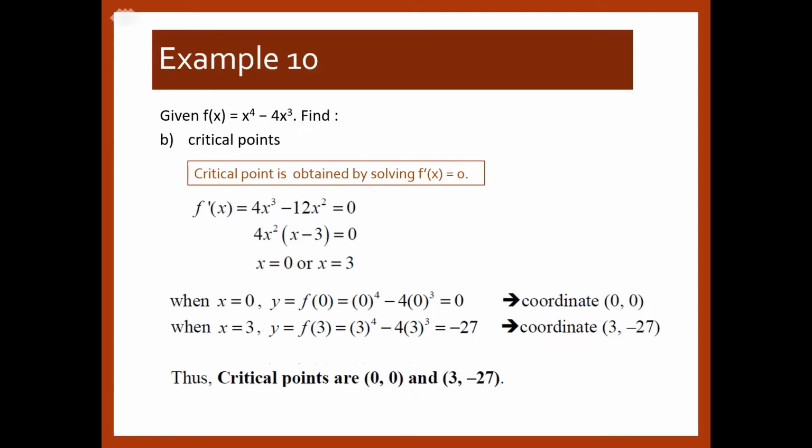By solving f'(x) equal to 0, you will obtain x equal to 0 and x equal to 3. Substitute this value into the function, you will get the corresponding y values. Therefore, the critical points for the given function are (0, 0) and (3, -27).